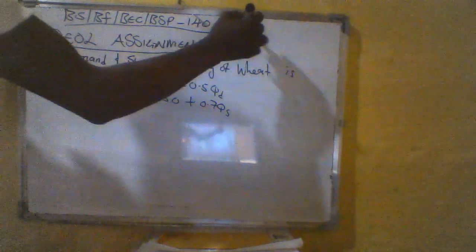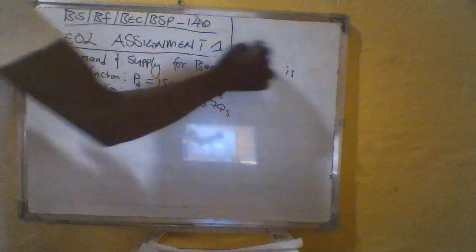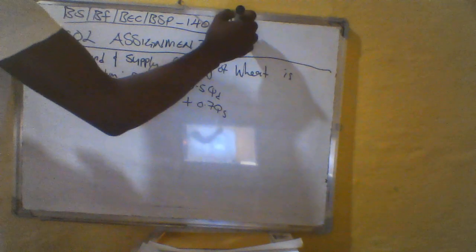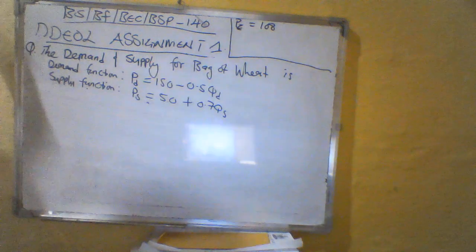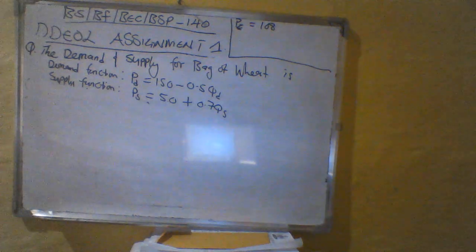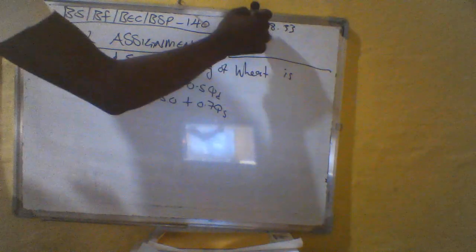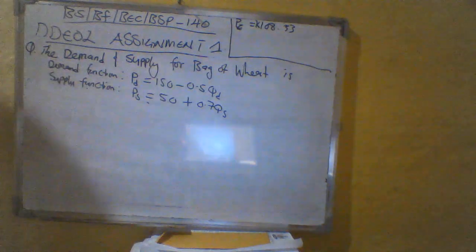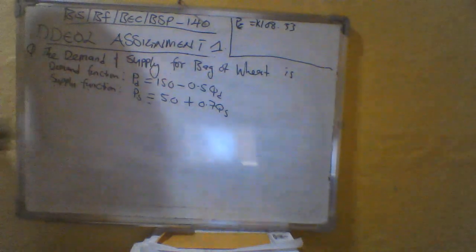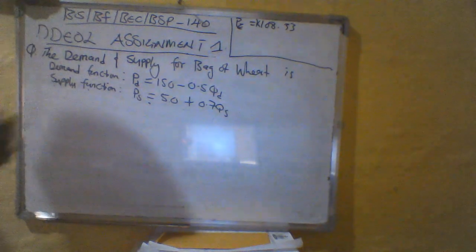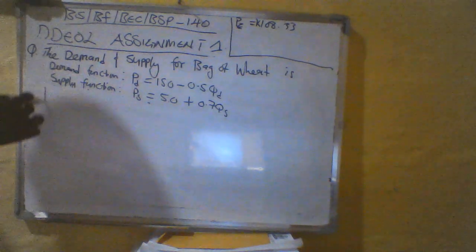From what we have, the equilibrium price is equal to 108.33. That was the equilibrium price, 108.33 kwacha. So I'm now going back to my sketch. Recall that I said something of this nature.